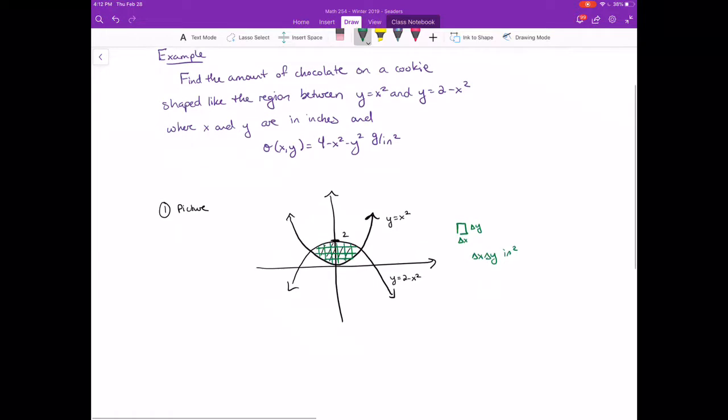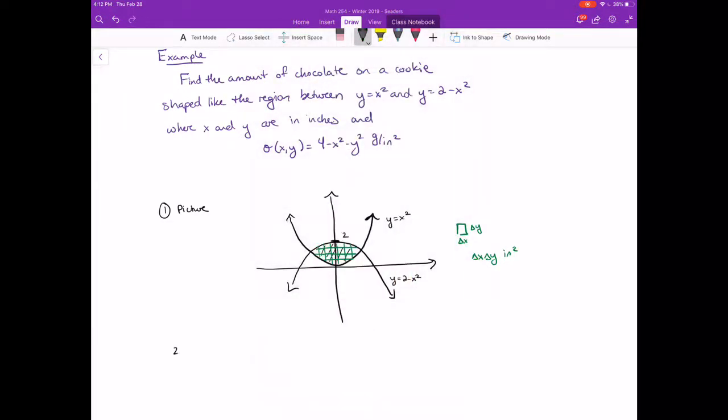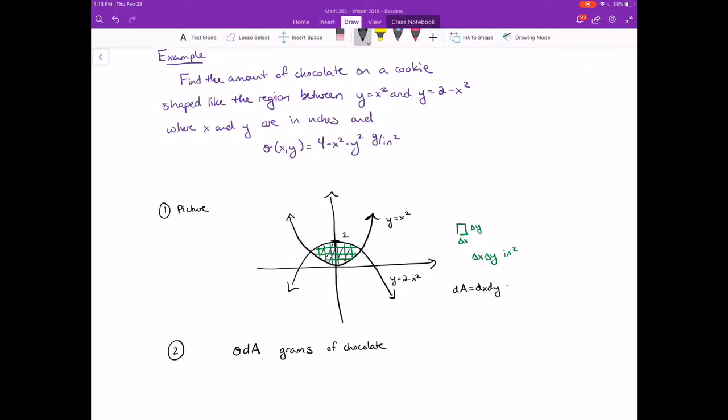And to calculate the amount of chocolate on a small piece, it's just what we've done so far, sigma dA grams, right? Sigma grams per square inch, and then dA square inches, where dA is dx dy or dy dx.